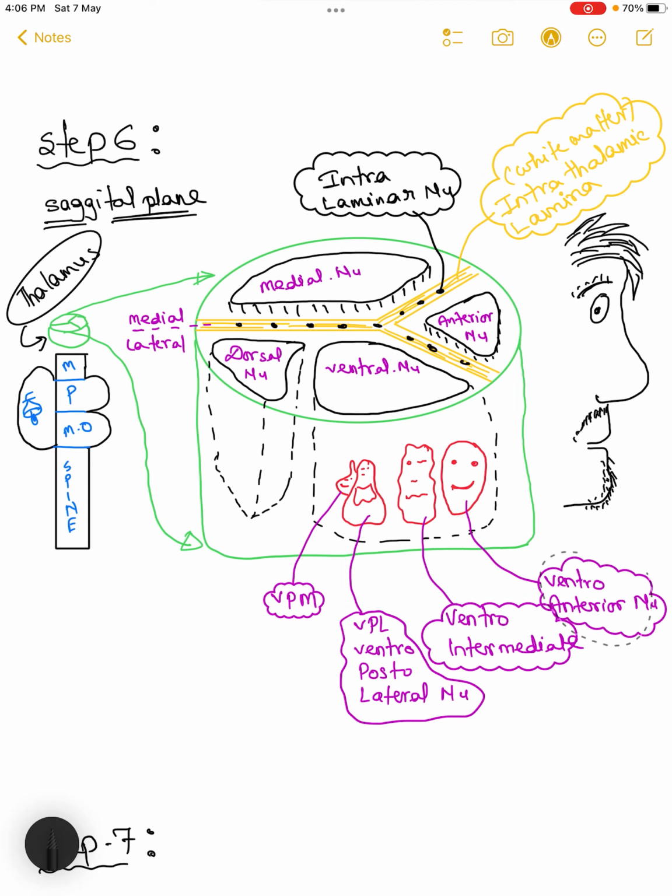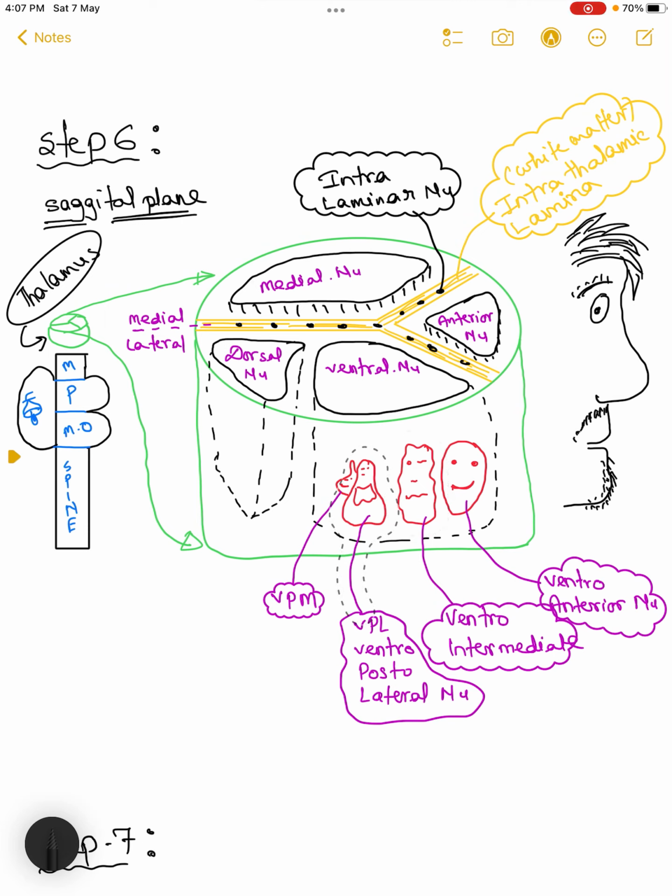So this one is known as the ventro-anterior nucleus. Now focus here. This nucleus is what? The ventro-intermediate nucleus. This nucleus is what?